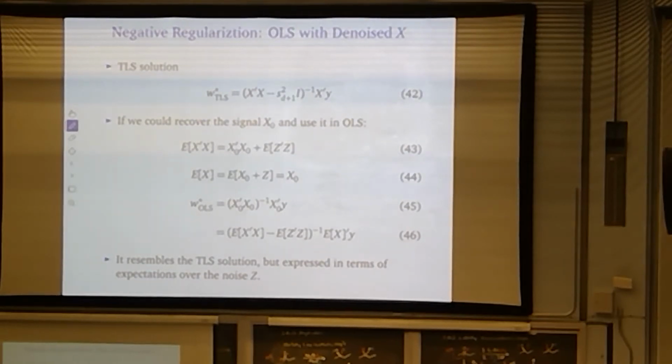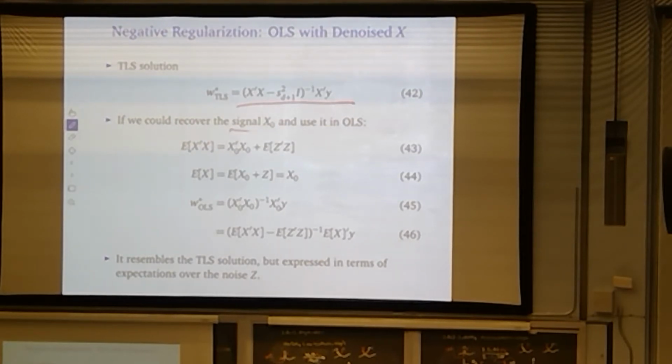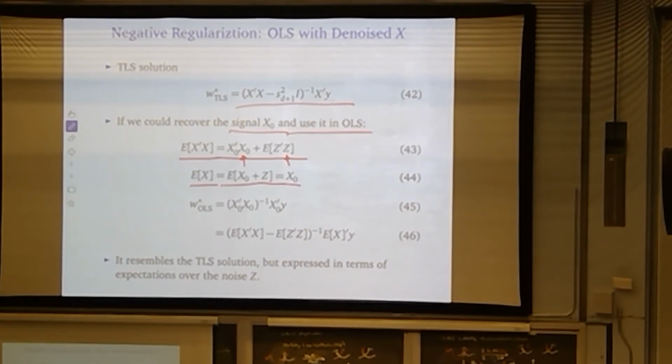There's another perspective on this. This is to say, in the TLS solution, if we could denoise, we can recover the signal x0 and use it in OLS. Okay? So let's derive EX. We have derived this, right? The covariance of the noisy data is the actual covariance plus some noise. The expectation of this is the expectation of this, and z is zero mean, so it's exactly the signal x0.